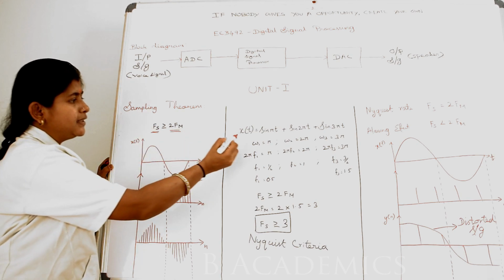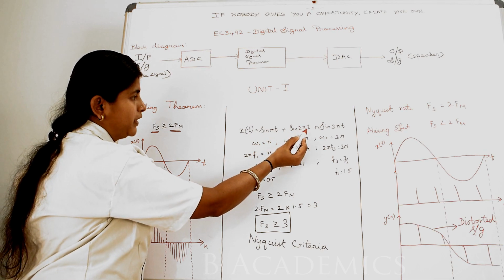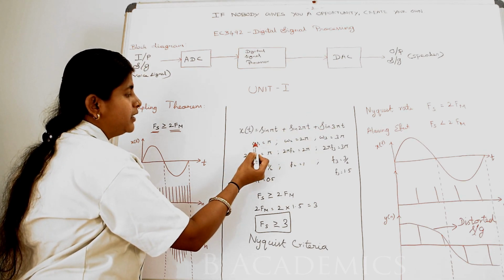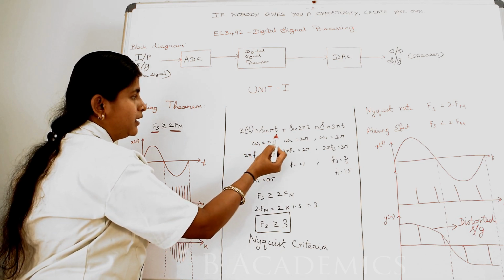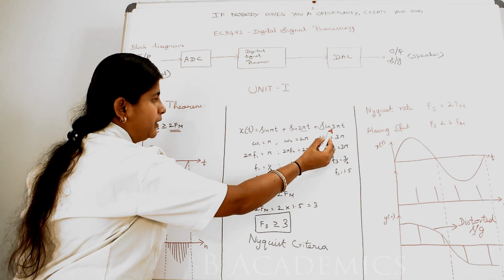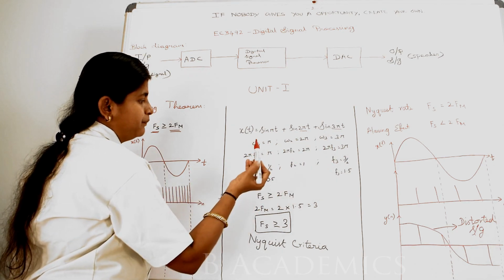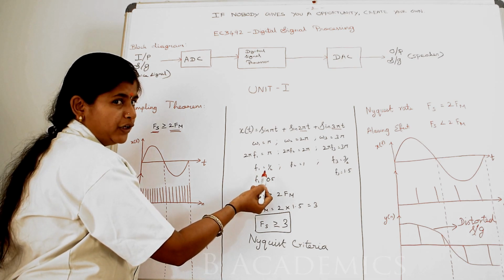Consider this signal: x(t) = sin(πt) + sin(2πt) + sin(3πt). Here your omega 1 is π, omega 2 is 2π, and omega 3 is 3π. From here we can find F1, F2, F3, which are your input frequencies.